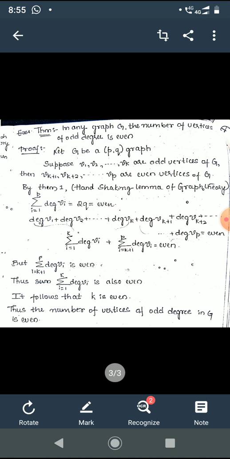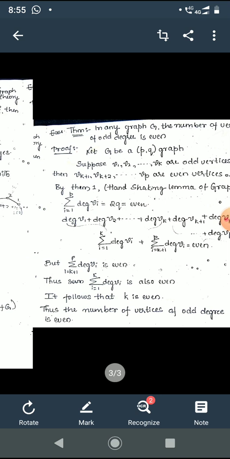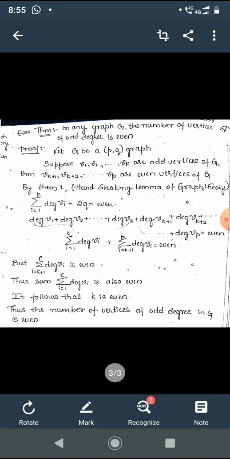Thus the summation of degree of Vi, i equal to 1 to k, is also even, because the total is even and the even-degree part on the right-hand side is also even. So obviously the summation of degree of Vi, i equal to 1 to k, is also even.